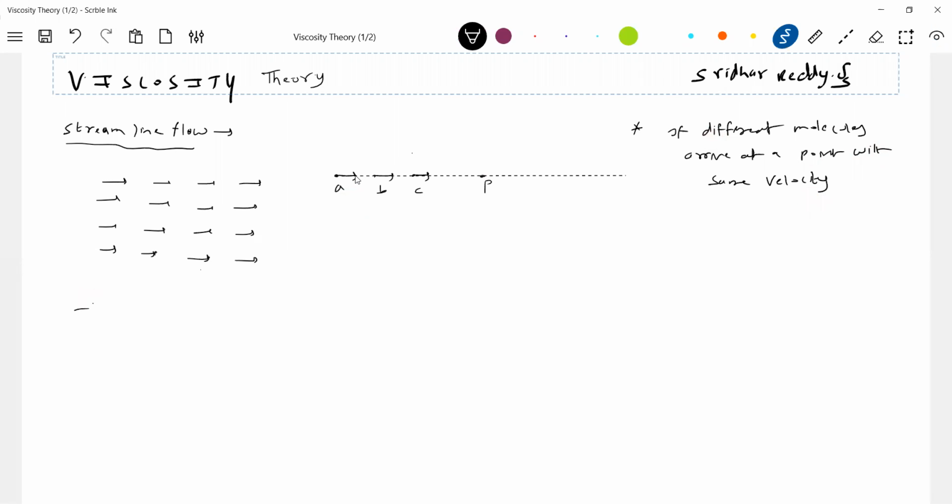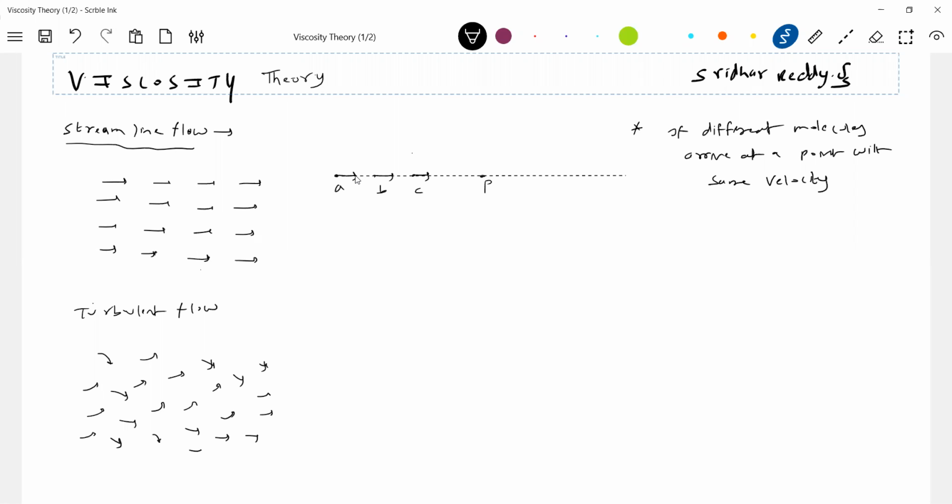So now after this, we'll go for turbulent flow. You can see the velocities of different molecules; they'll be having different directions.